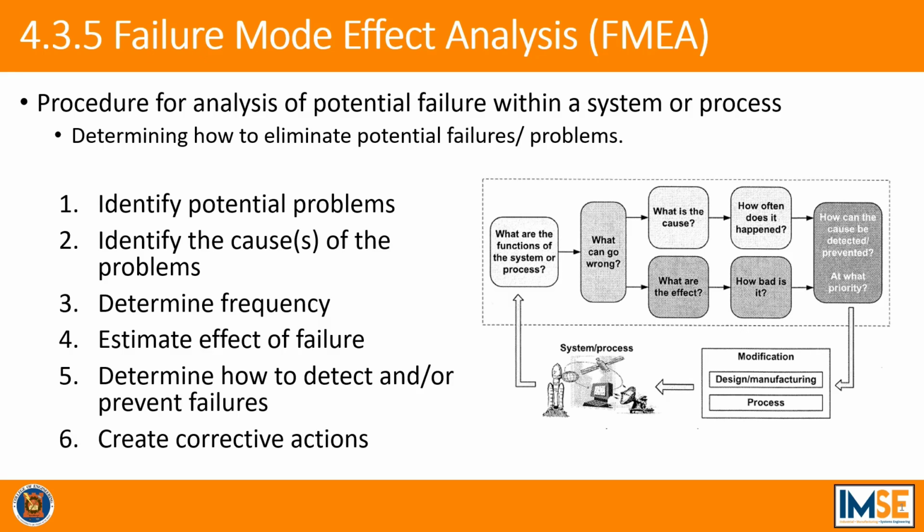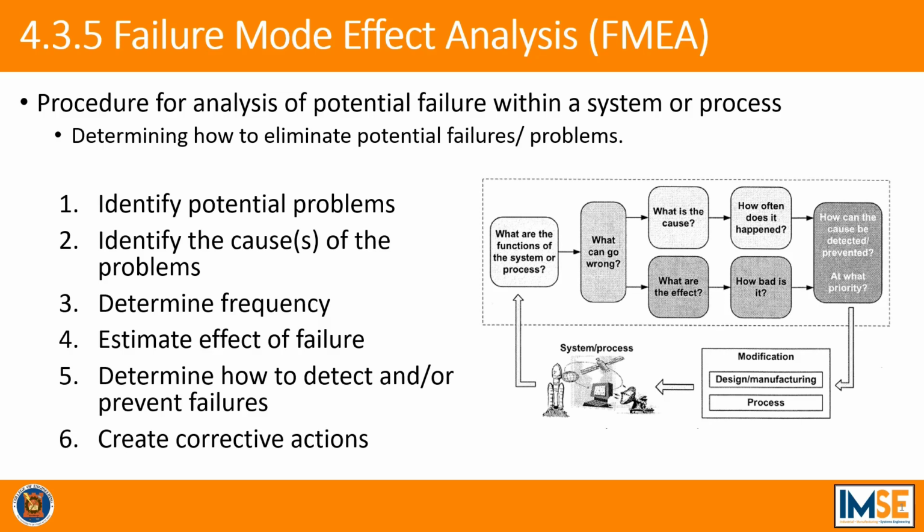The third step is to determine the frequency with which they may impact the system. We then estimate the effect of these failures, and the last two steps are to determine how to detect and/or how to prevent those failures, and then later on take corrective actions.